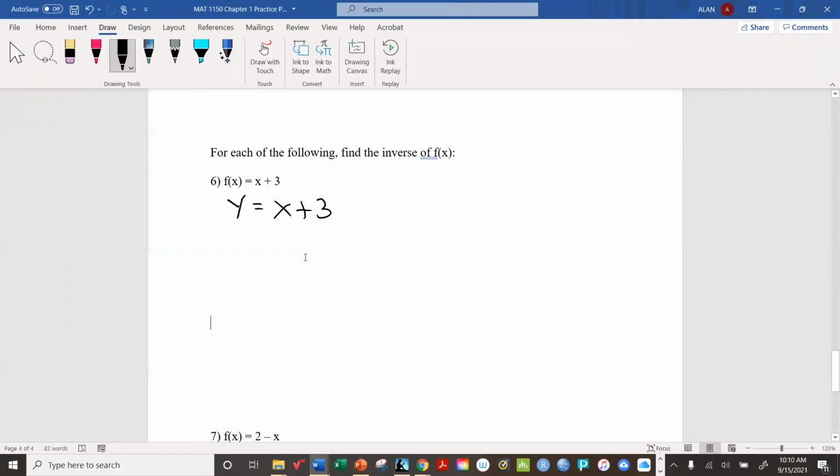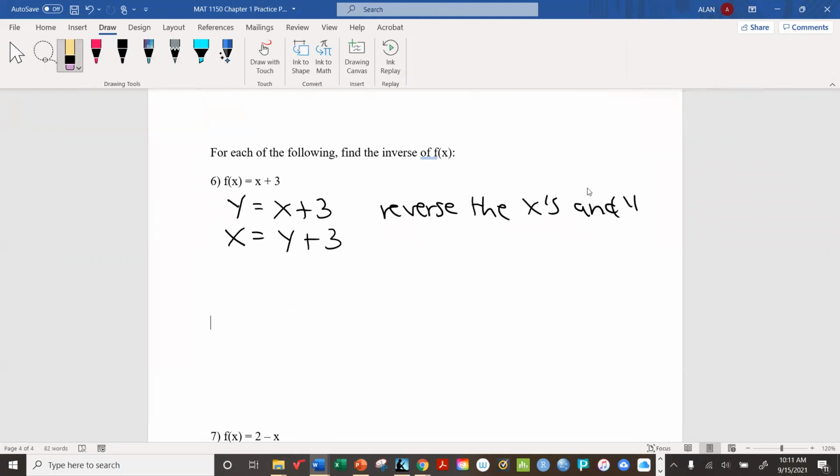Okay, so in other words, turn this into x equals y plus 3, and then solve for y. This is essentially what you're doing. And then solve for y.